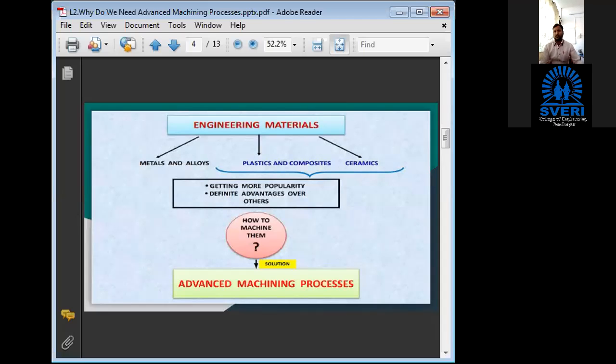If you want to classify engineering materials, you can classify them into three categories.